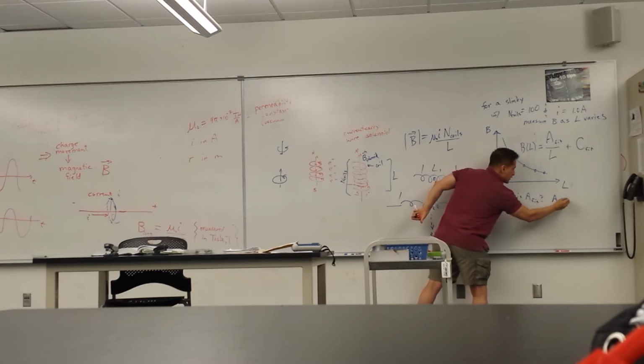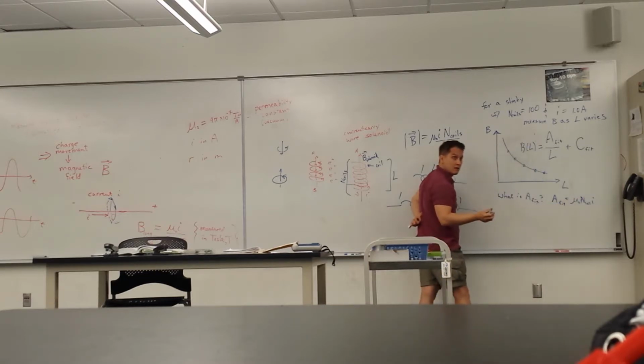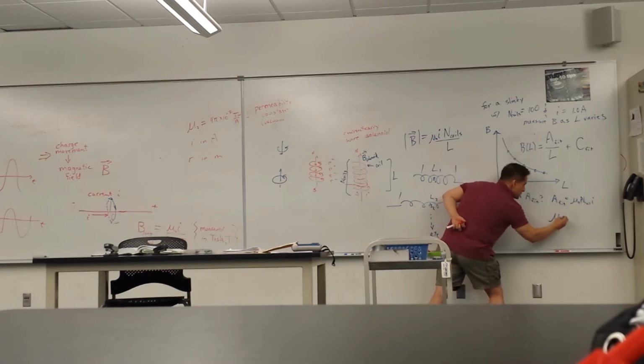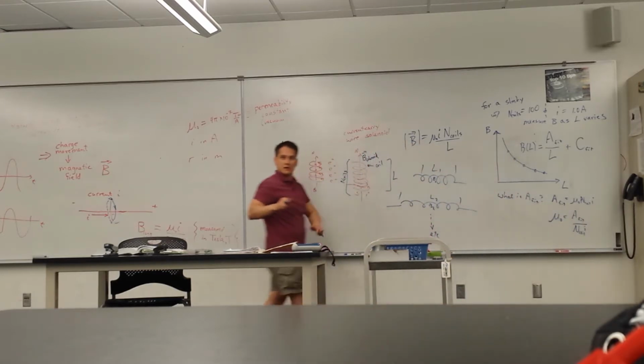So A fit should represent mu N coil I. And if I knew N and I, mu naught should be related to A fit over the number of coils that are spread out with this current I passing through it.